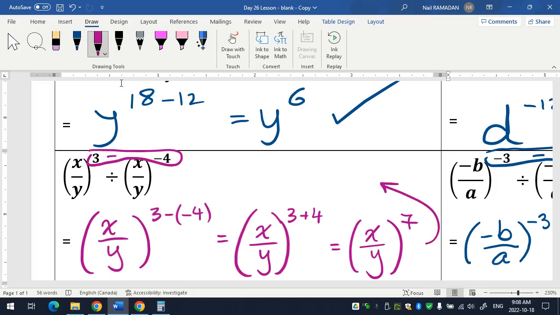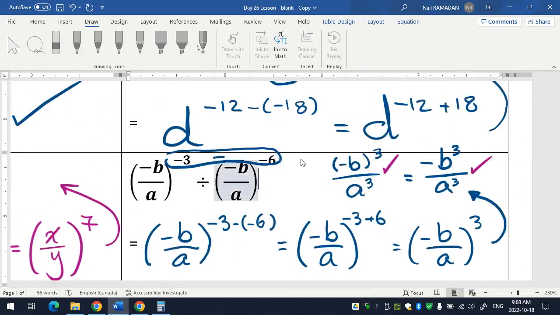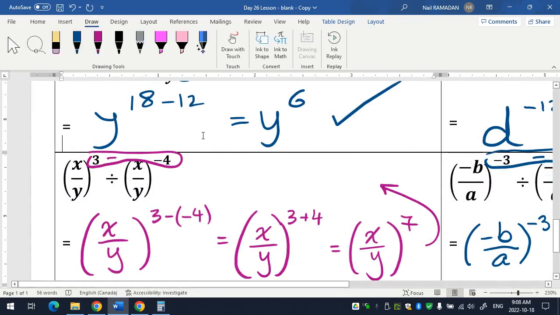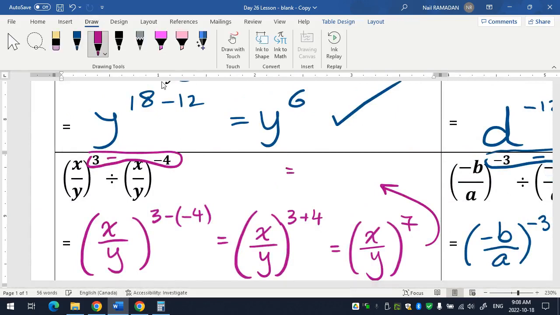Just what? Yeah, exactly. X to the power of 7.